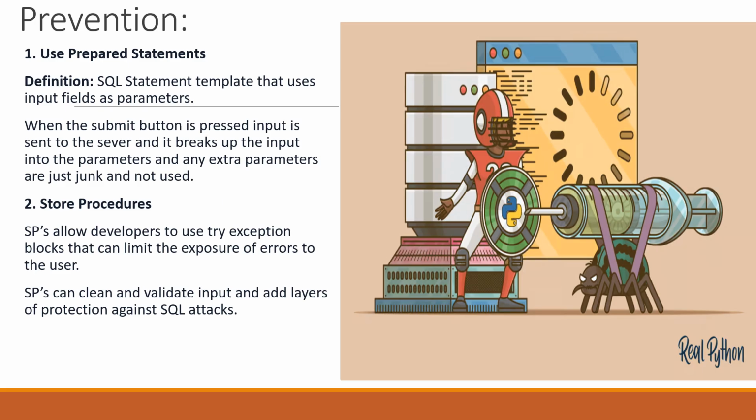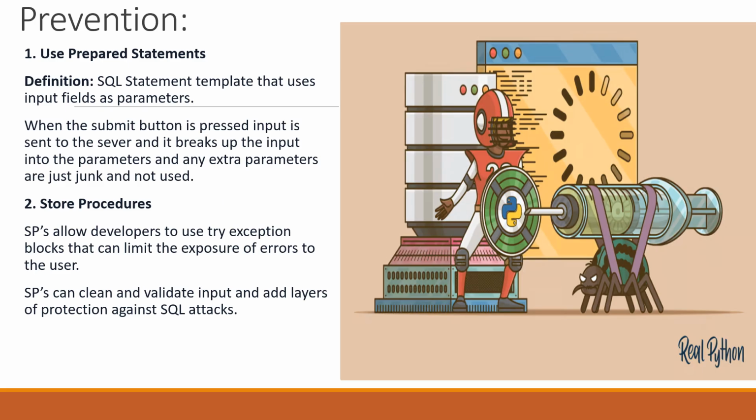Once that's parsed out, it puts them into the parameter fields of the SQL statement and then runs it. If any extra text was provided by the user, it just uses it as dummy data. A lot of times this fixes union attacks or attempts to tag on additional things in the SQL statements. It just does a really good job of doing that.